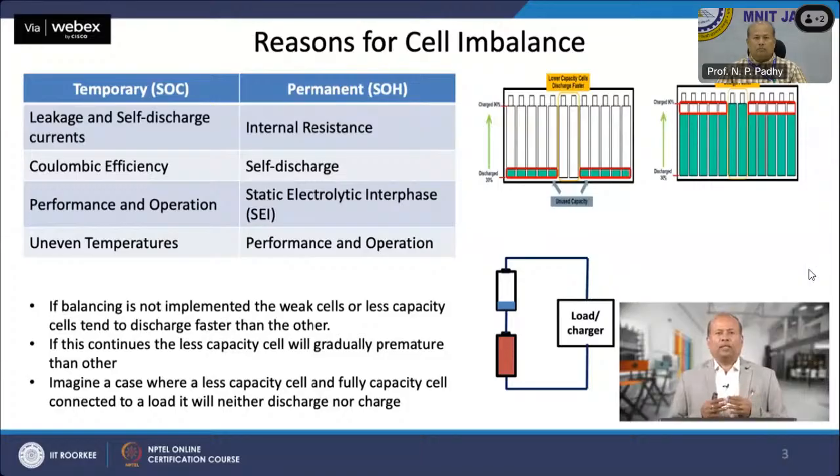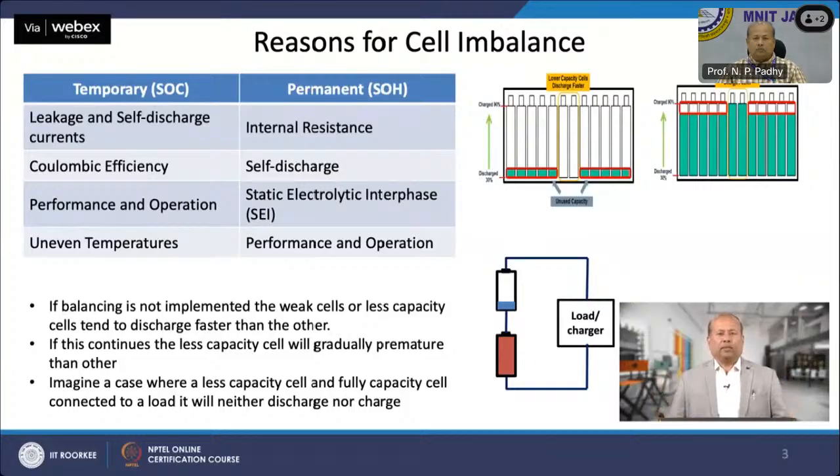The weak cell in the module charges and discharges faster compared to other cells. To mitigate these issues, balancing of cells is necessary, and it allows the batteries to look alike in capacities and increases the efficiency of the cells in a given module.